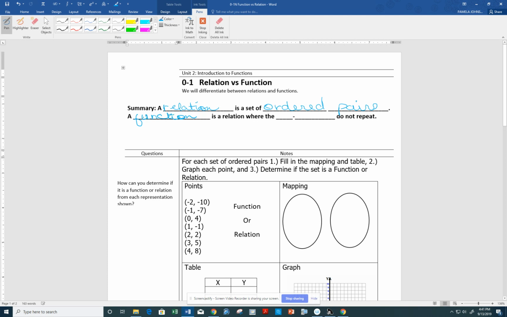So a function is a relation where the X values do not repeat. It doesn't matter about the Y values. The Y values can repeat all they want, but the X values cannot.